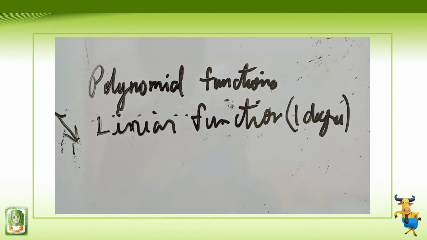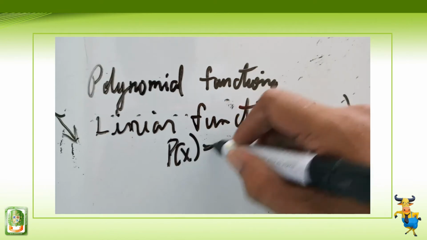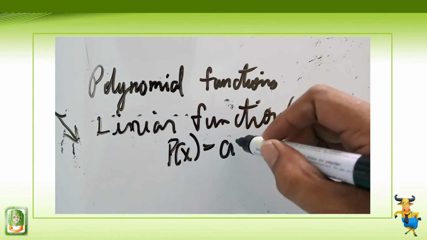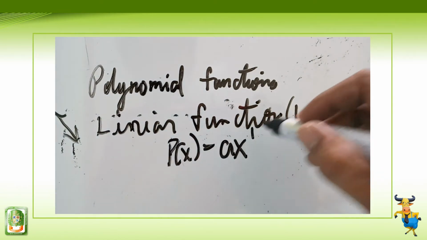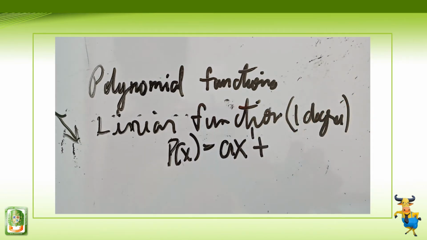Sa graph, straight line. Ito yan, example niya: p of x is equal to ax raised to 1 plus b. Yan, pwede yan. So, one example ng linear polynomial functions.